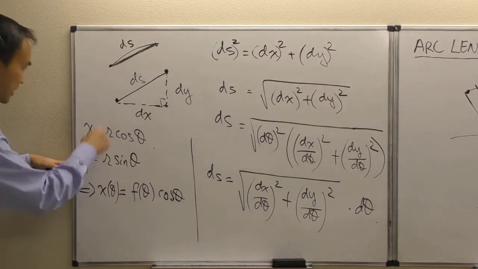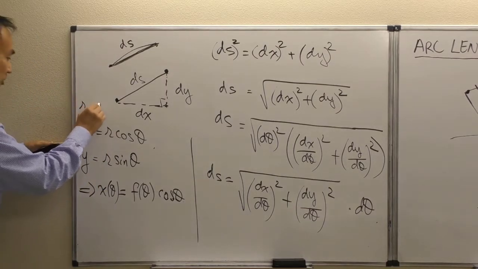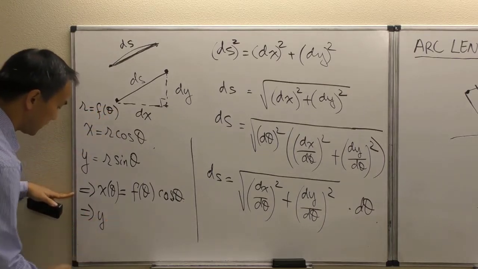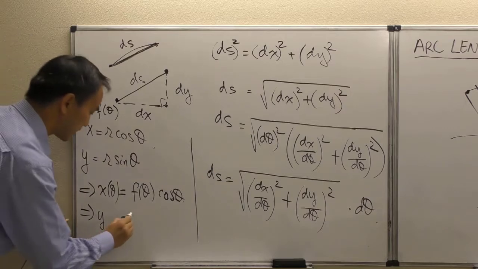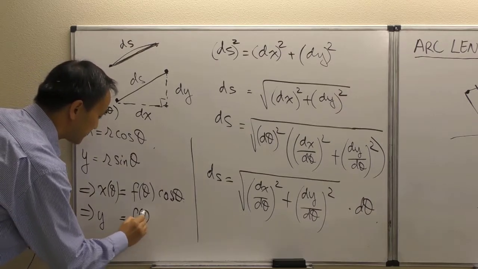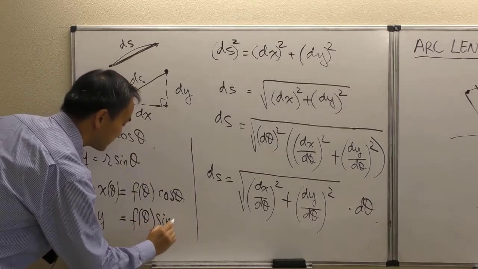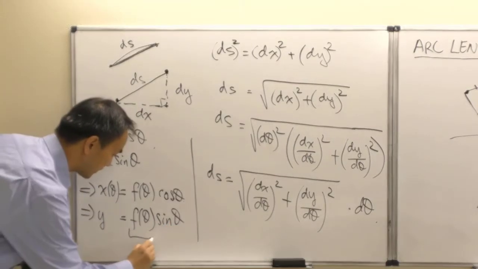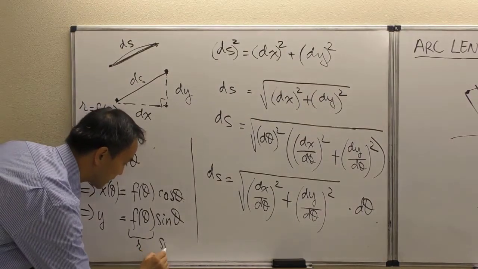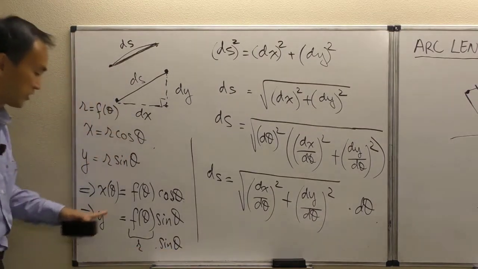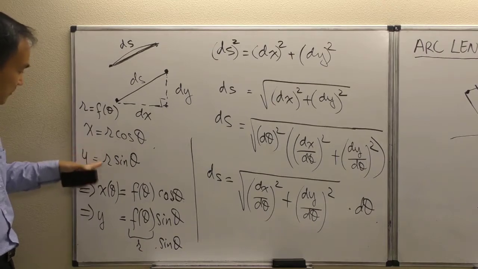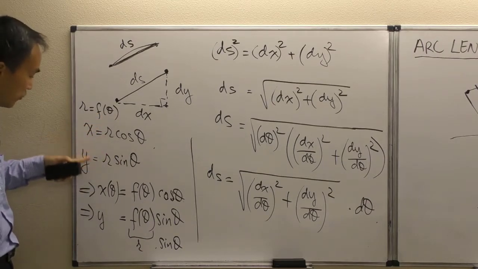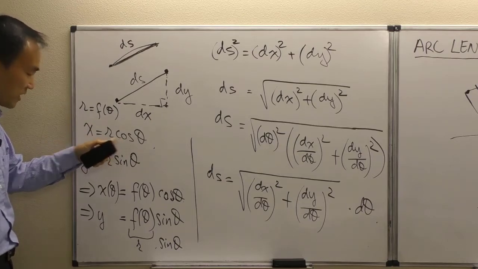But in that way, since we already knew that r is a function of theta, then consequently y, as a vertical coordinate, can also be expressed as f of theta times sine of theta. Okay, because this f of theta is r, our radius, and this is sine of theta. So we're just substituting f of theta into the place of r in those two relationships between polar coordinates and rectangular coordinates.